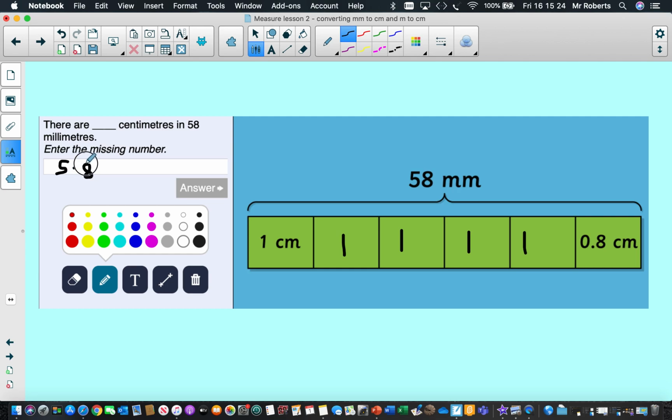And that's how many centimetres there are in 58 millimetres. Obviously, my answer would need centimetres if I was doing some questions. However, because it's already there, I wouldn't need to do it for this one. I'm not sure if it'll accept your answer with or without centimetres. If you do it with and it doesn't accept your answer, then do it without, and vice versa.